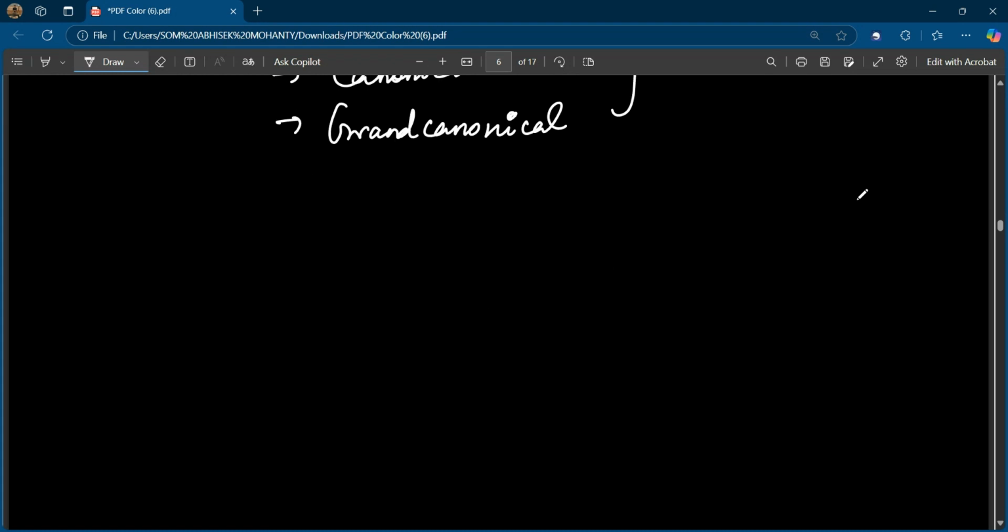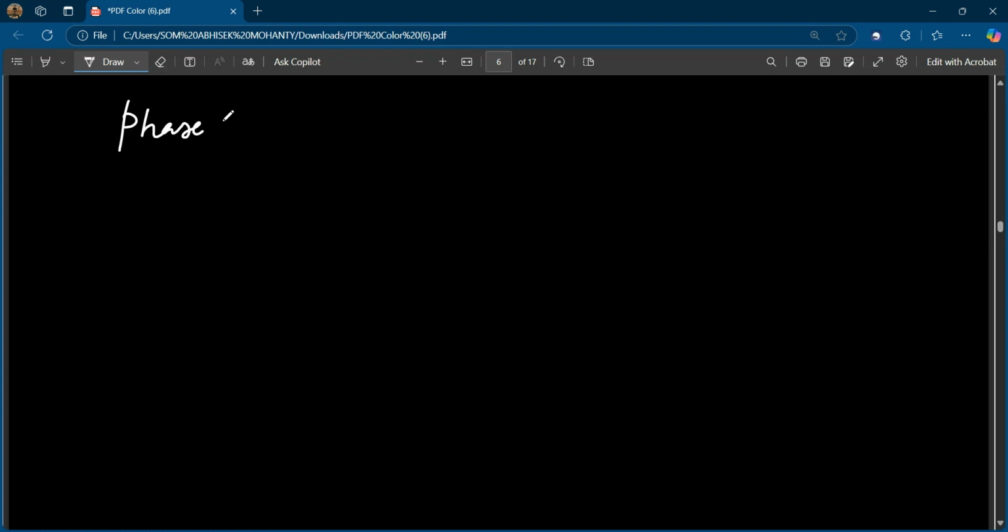Before that, let's go to a bit of phase space. What is phase space? Another important concept. This is position, this is momentum, so the whole coordinate system is called phase space. It's a function of two variables, position and momentum.